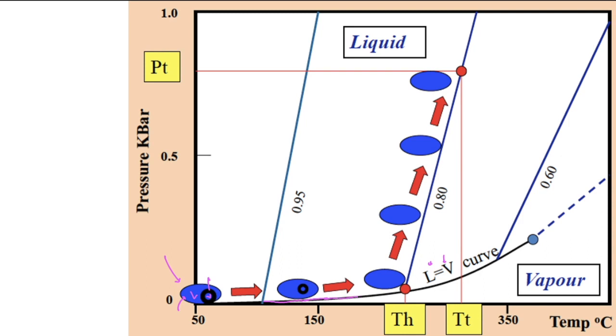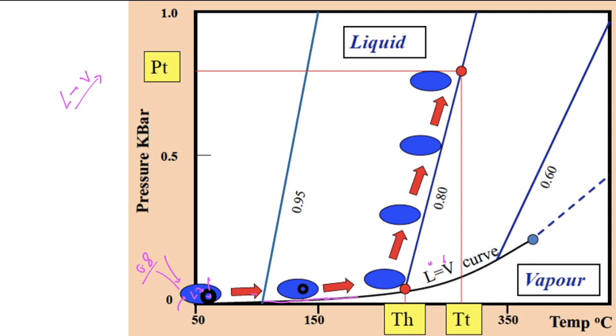Now this inclusion, let's say, has a density of 0.8 as given in this diagram. Now if you are heating it, two things will happen. Liquid will convert into vapor, right? Now by that logic, the size of this vapor should increase because liquid will be converting into vapor, right?